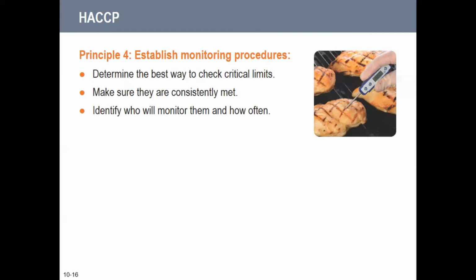It doesn't make sense for the chef or the sous chef to walk over and temp that chicken. The grill cook, that should be that person's responsibility as part of their station, monitoring that critical control point at the cooking phase to make sure that the chicken reaches a minimum internal temperature of 165 degrees for less than a second. All right.